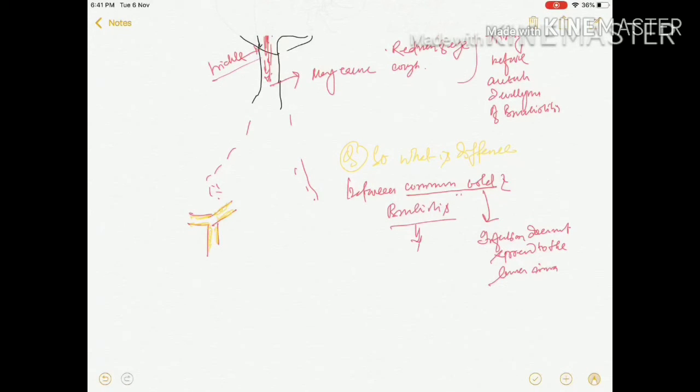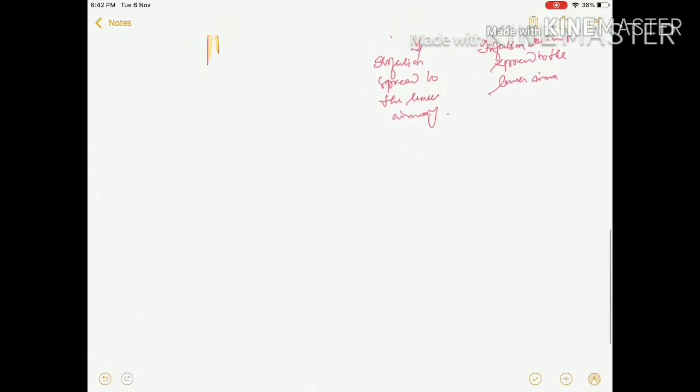But in bronchiolitis, the infection spreads to the lower airway. Now what happens after infection of the lower airway?